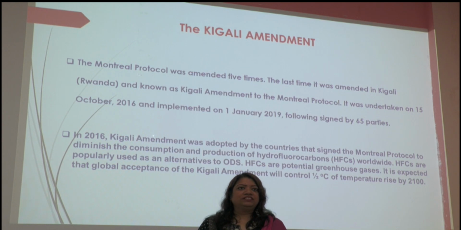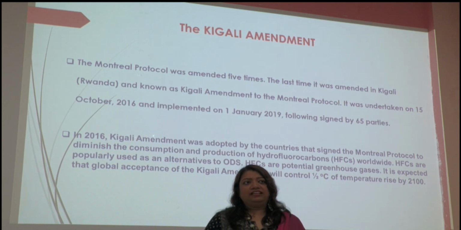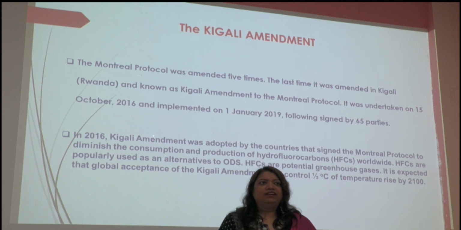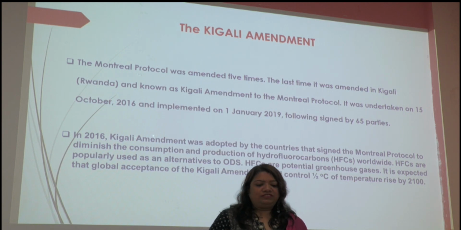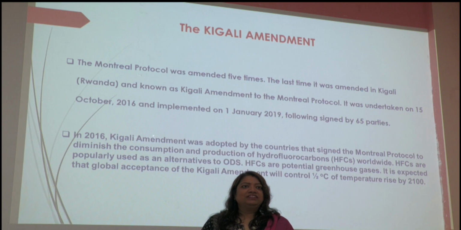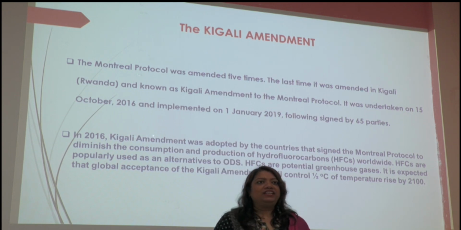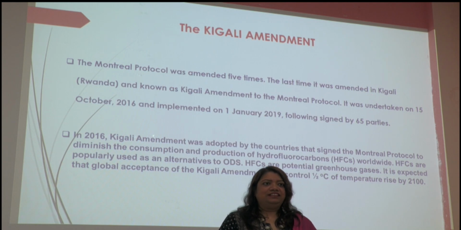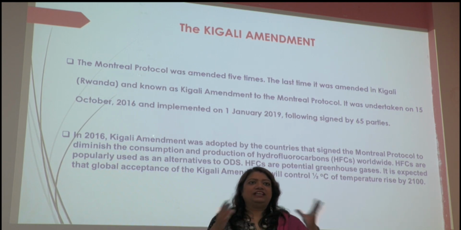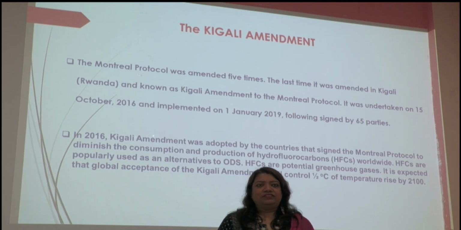Now I am going to discuss how these greenhouse gases are about to create problems in this ozone story. You see, the polar stratospheric cloud forms at minus 90 degrees Celsius. And what is happening? These greenhouse gases are trapping the heat, forbidding it from being released from the earth.